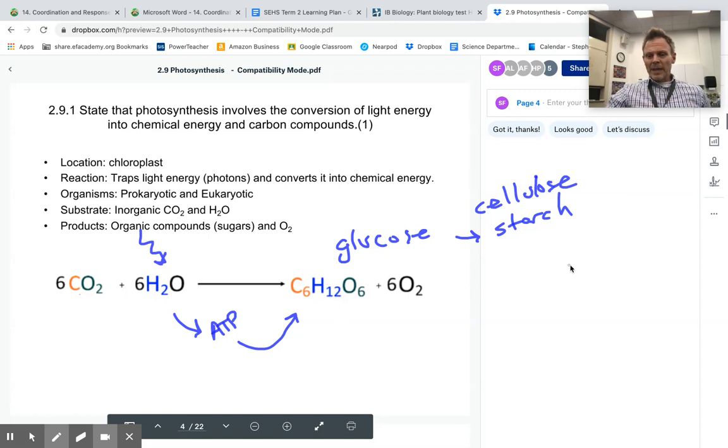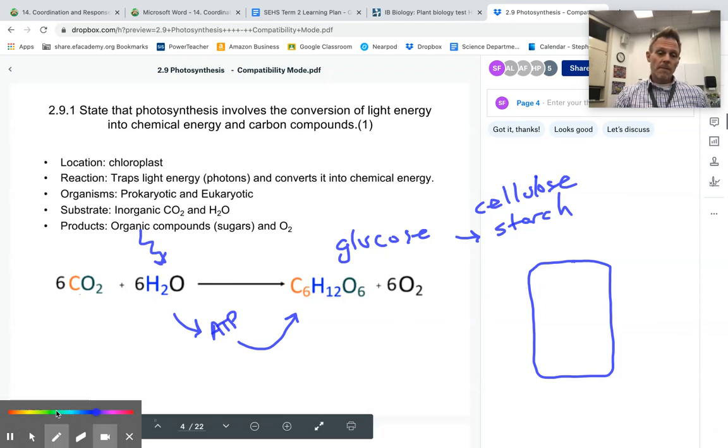Let's just talk about a plant real quick and talk about where this energy is captured. Plants have all the same organelles as our cells do, with some additional ones. There are organelles inside plants that are basically these stacks, almost like coins. These stacks are called chloroplasts.